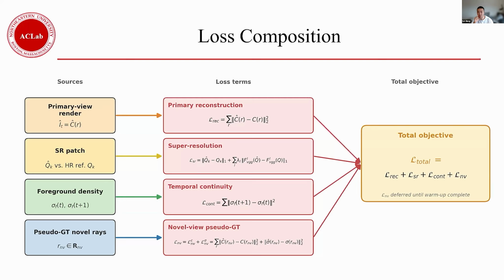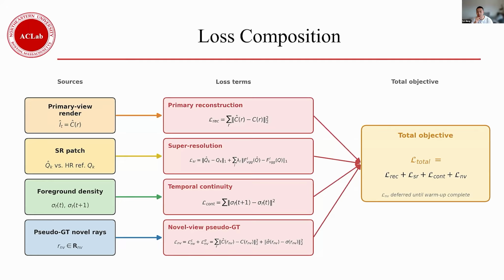One is the super resolution loss, which I will cover on the next slides. And one is the novel view loss, which we just discussed. So the total objective is simply the sum of these 4 terms.